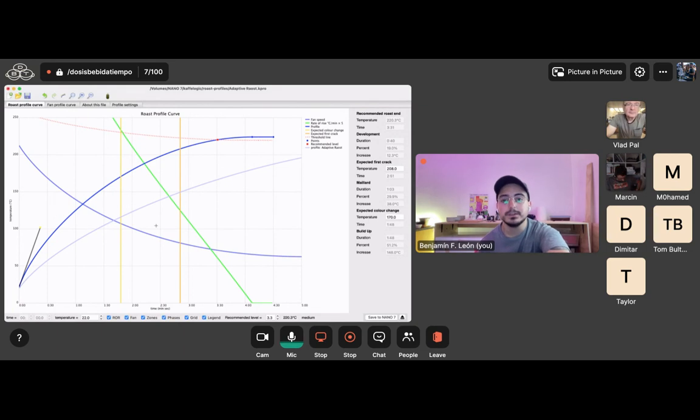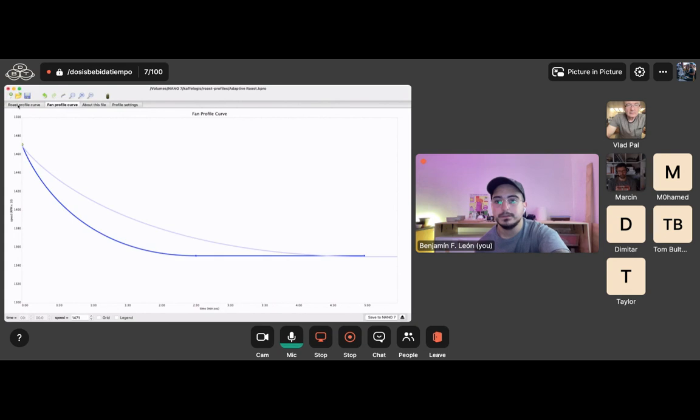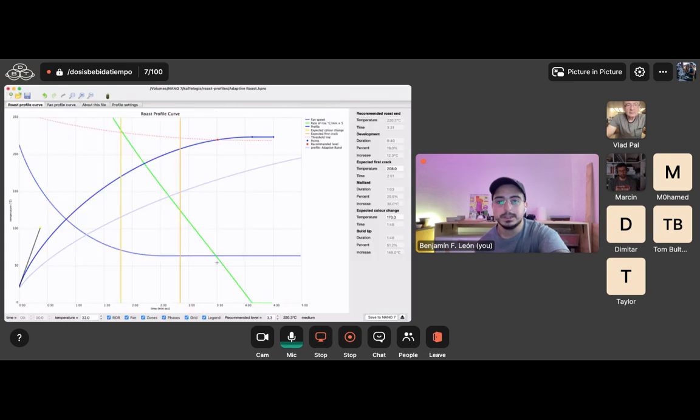Now this adjustment will also need an adjustment over the fan profile curve as well. So over here, right, in order to actually maintain the steady fan speed when arriving to first crack, right?